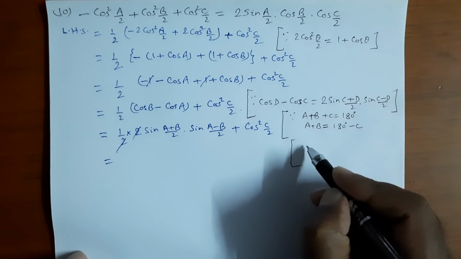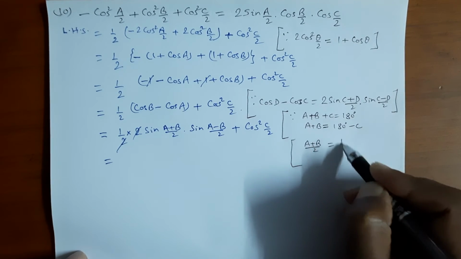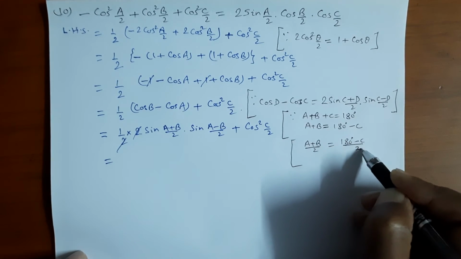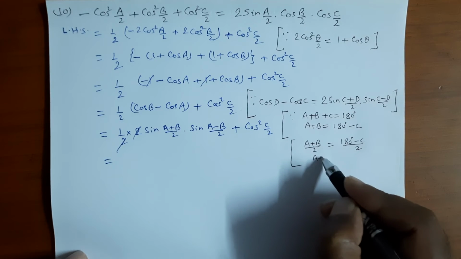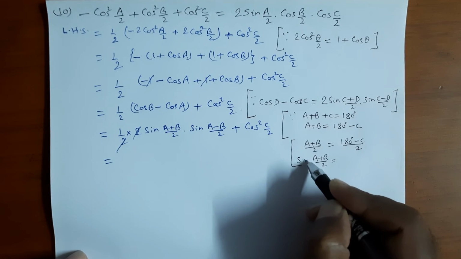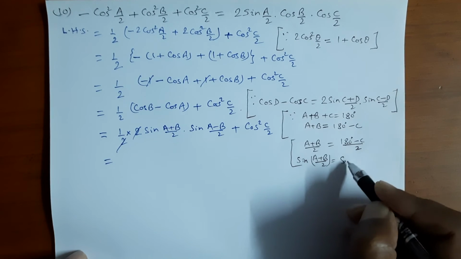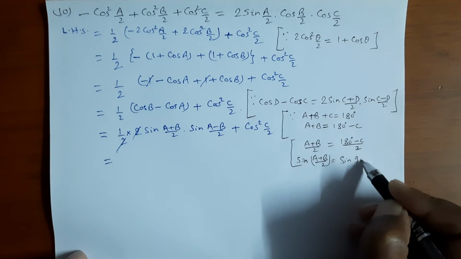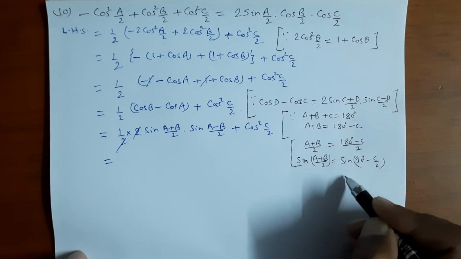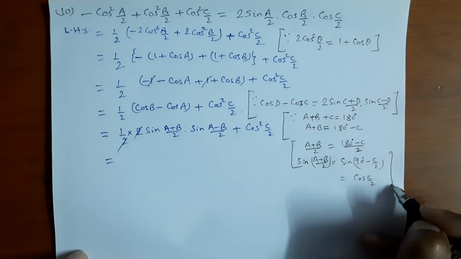Dividing both sides by 2, (a plus b)/2 becomes (180 degree minus c)/2, and taking sine on both sides, this will be sine of (90 degree minus c/2), and this becomes cos c/2.